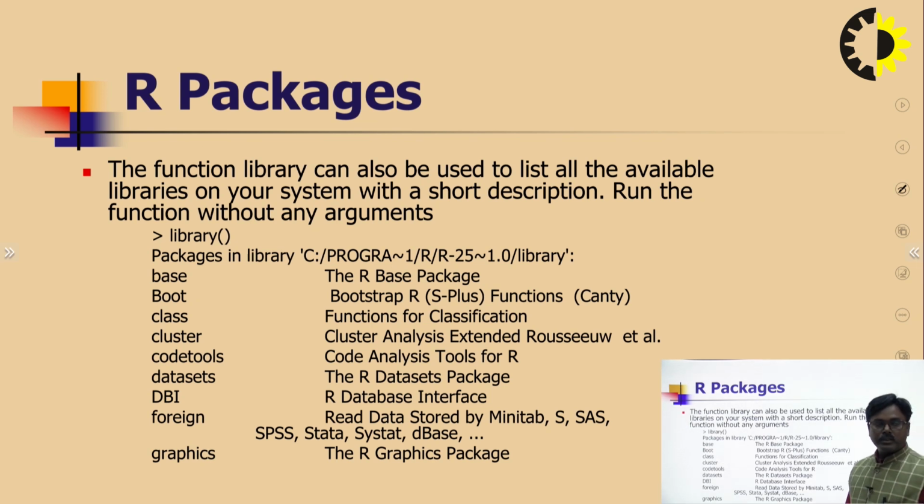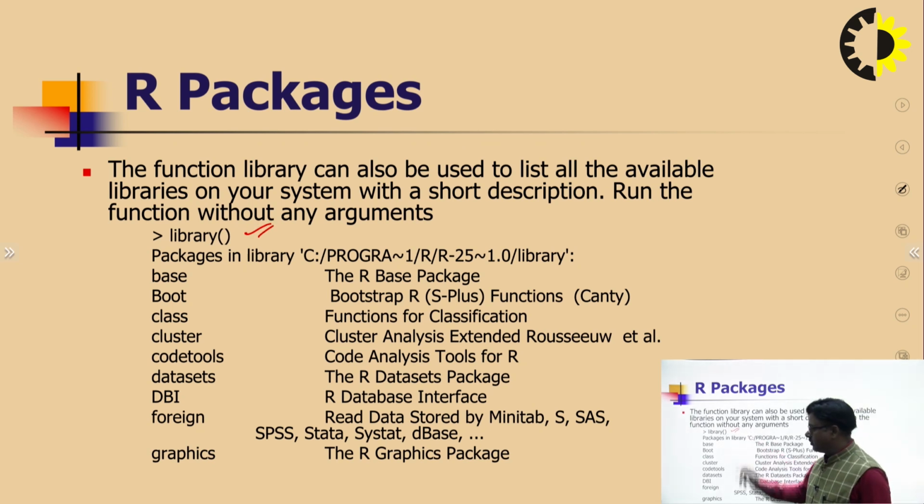Now we will see what the different functions are. Library can also be used to list all the available libraries on your system with a short description. In order to know what different packages or libraries are present in your system, it's very simple: simply call the library method.